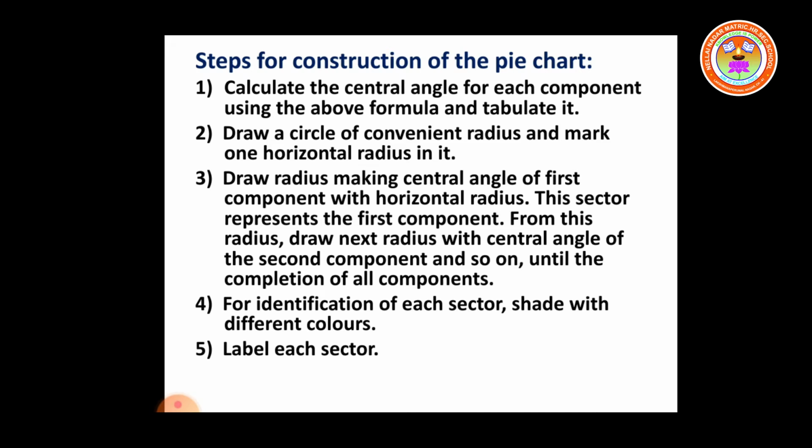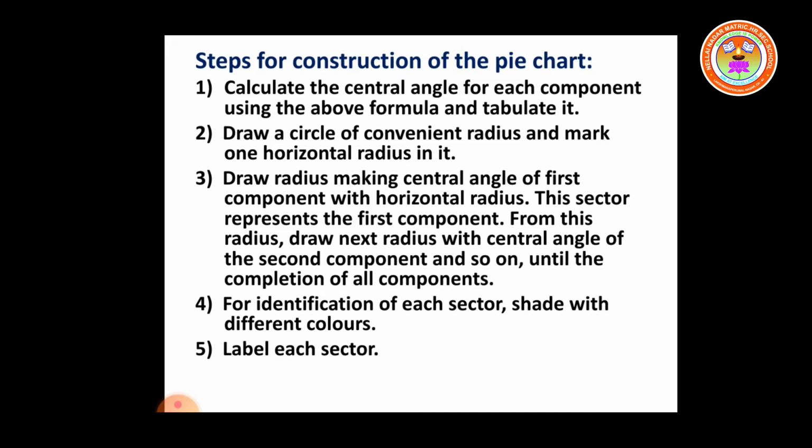First one. Calculate the central angle for each component using the above formula and tabulate it. Then draw a circle of convenient radius and mark one horizontal radius in it. Then draw a radius making the central angle of the first component with the horizontal radius. This sector represents the first component.